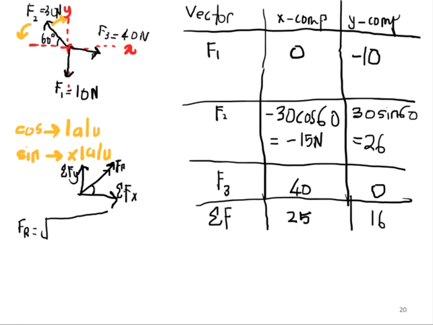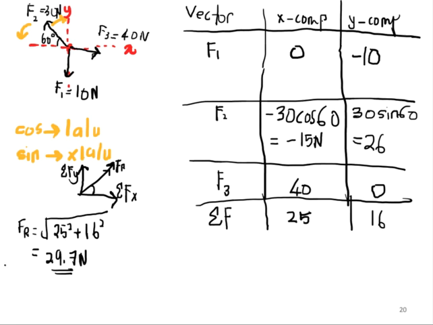Your Fx is 25 squared plus total Fy is 16 squared. Thus, you will obtain F resultant equal to 29.7 Newton.